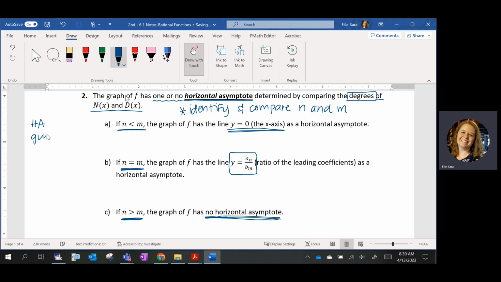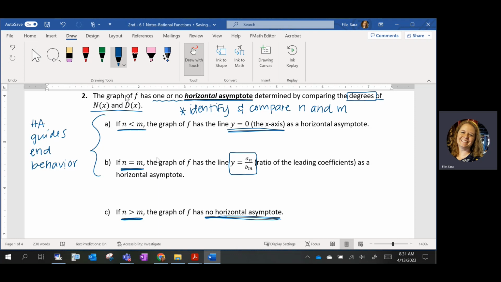Horizontal asymptote guides the end behavior. So if this is one of the cases, there is a horizontal asymptote either at 0 or at A over B, whatever that is, that's your end behavior.